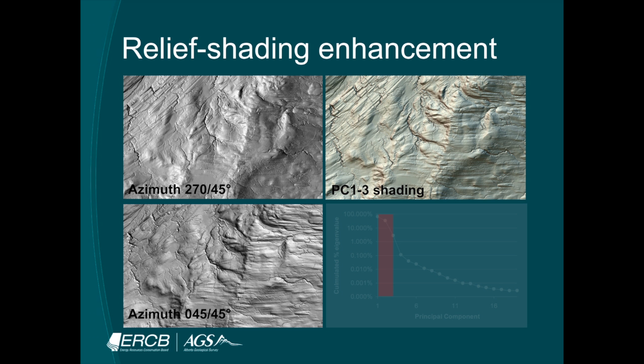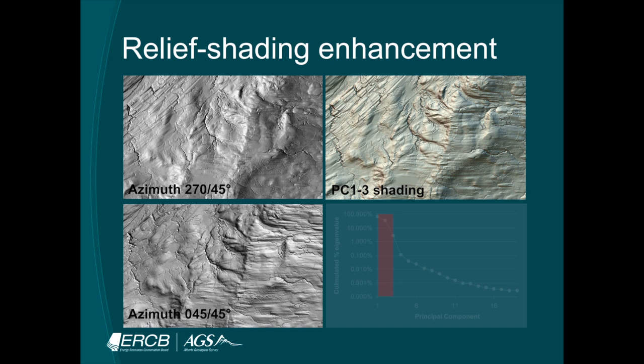We use a number of processing methods to try and reduce this effect. This is an extreme example taken in the Edson Hinton area, which illustrates the effect of different sunlight orientations on the landforms which are visible.